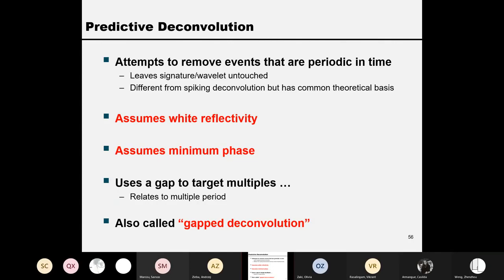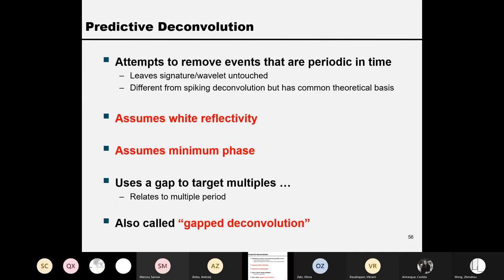Now, for multiple prediction, because we know the multiple is at a certain time, there's a gap in the prediction. That means we keep the first part untouched, and only remove something periodic in the long period, right?